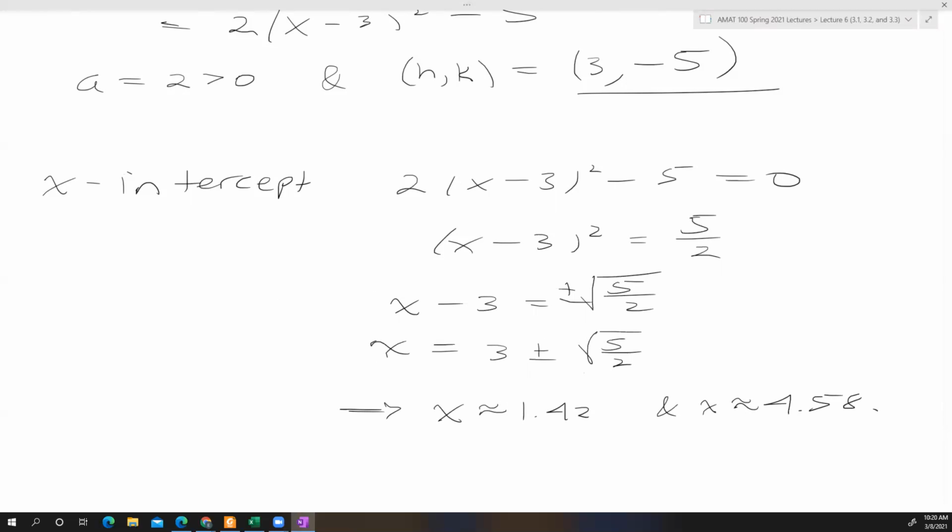The y-intercept is found by plugging zero in for x. And simplifying, that will give us the y-intercept.